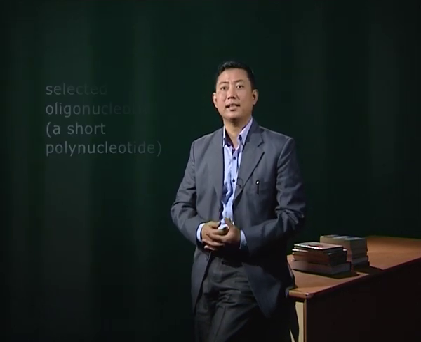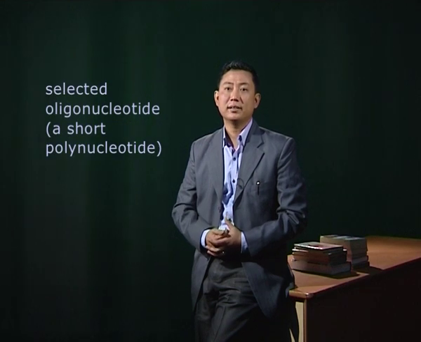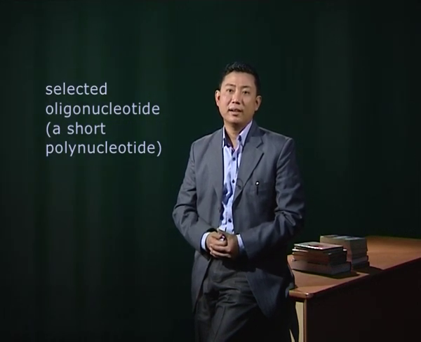The genomic DNA of the selected strain is mixed with an excess of a selected oligonucleotide, a short polynucleotide, and this mixture is then used for DNA amplification in a PCR.